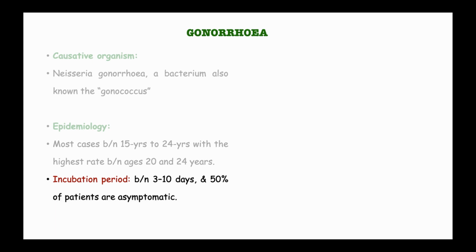It has an incubation period of 3 to 10 days, and about 50% of all patients, or the women who have gonorrhea, are asymptomatic, meaning they are carrying the organism. However, they are not showing any symptoms, and so they can keep spreading it from one sexual partner to the other, if they have multiple sexual partners, of course.